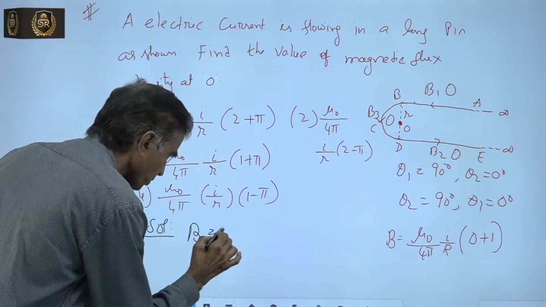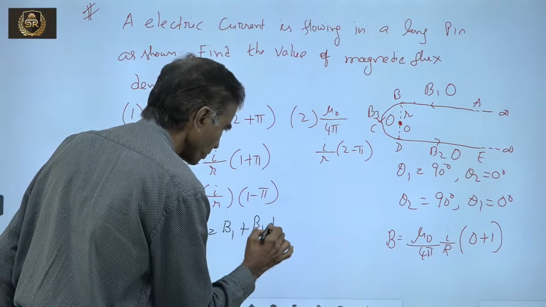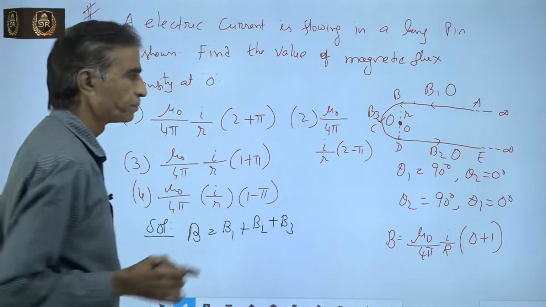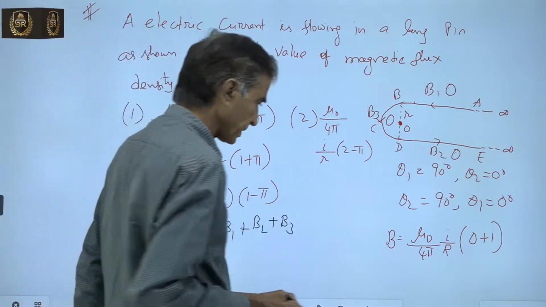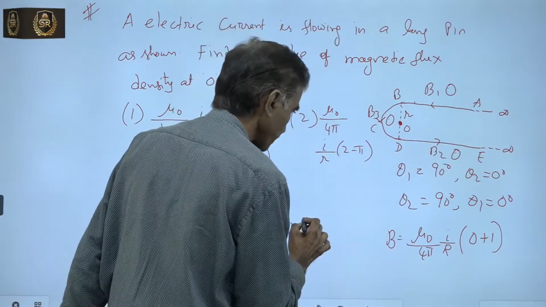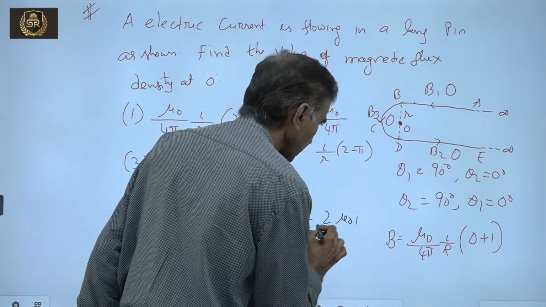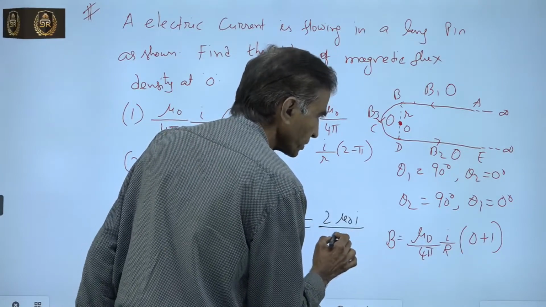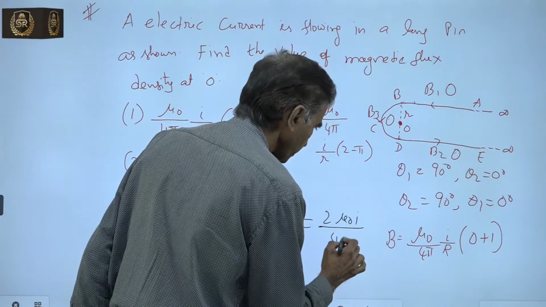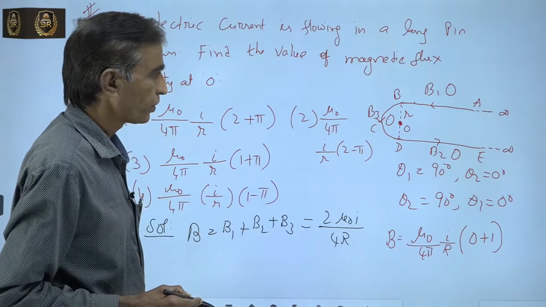B is equal to B1 plus B2 plus B3. B1 and B2 are the same. Therefore, we can write 2 into mu naught I by 4R.